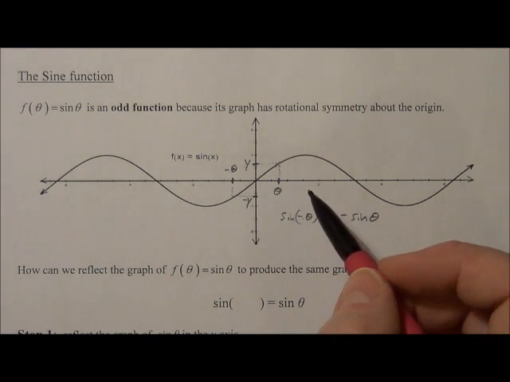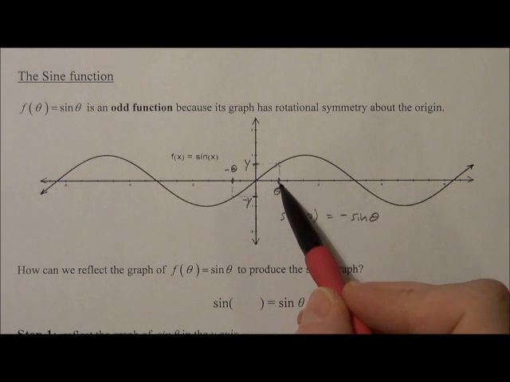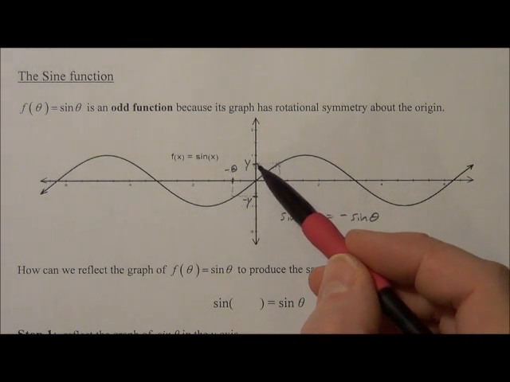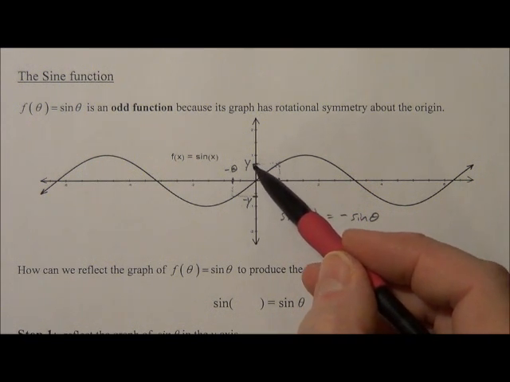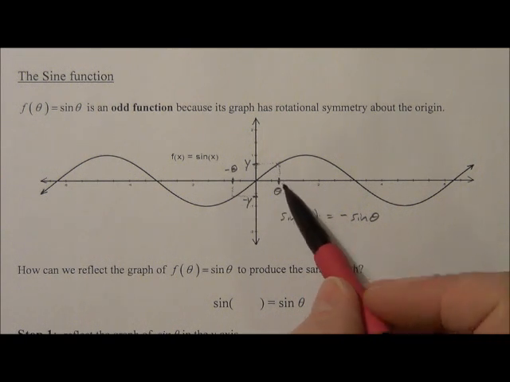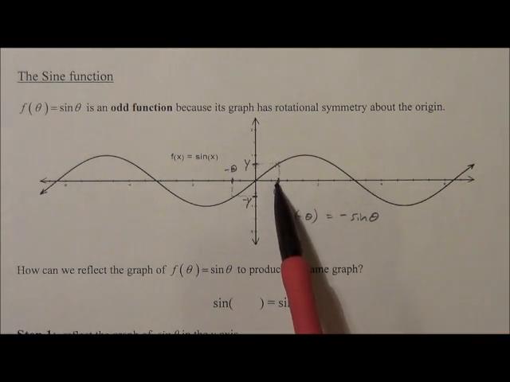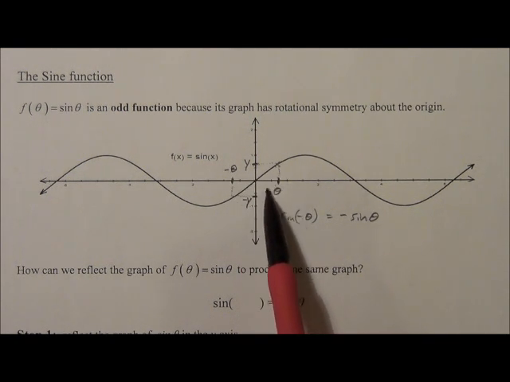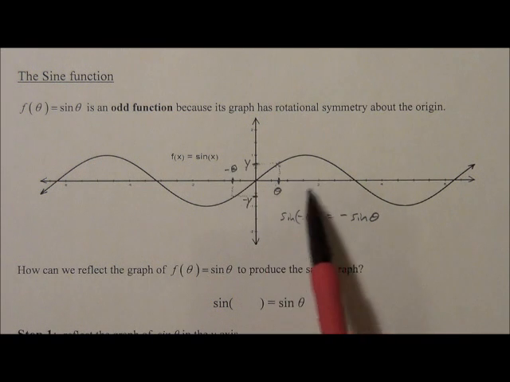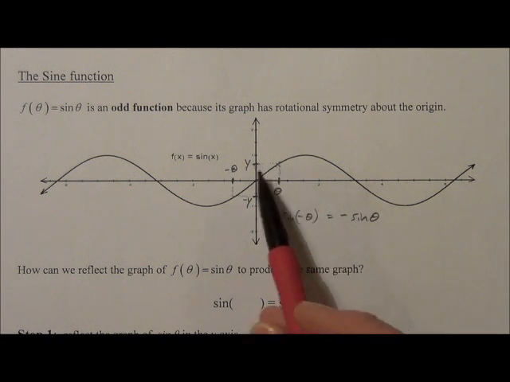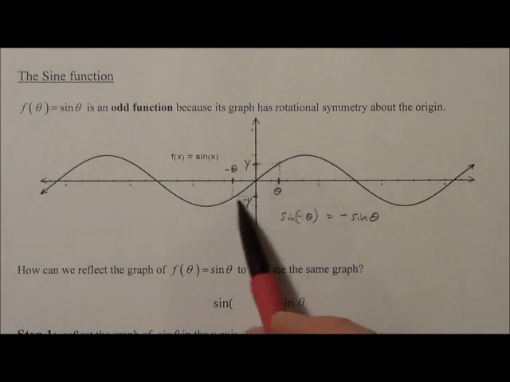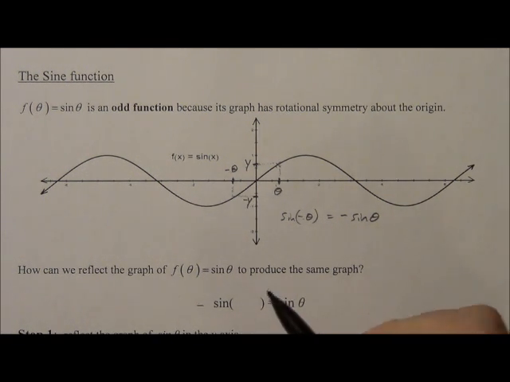Now if we look at it as a double reflection, suppose we do a reflection in the theta axis first, so y reflects down to negative y, and then theta gets reflected in the y-axis, so theta becomes negative theta. What ends up happening is that the double reflection is the same as a rotation of 180 degrees, or pi radians, about the origin. So negative sine of negative theta gives us the original function sine theta again.